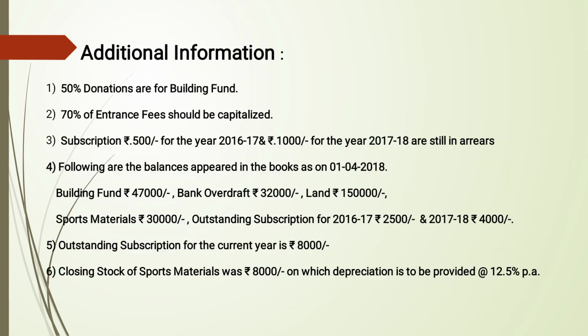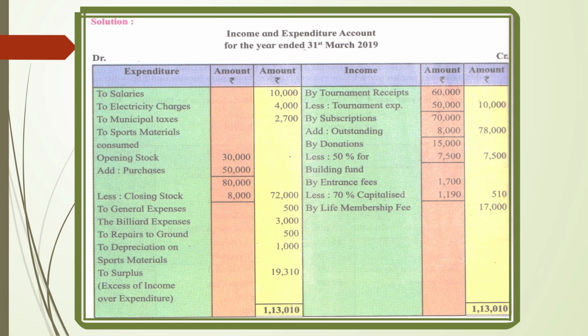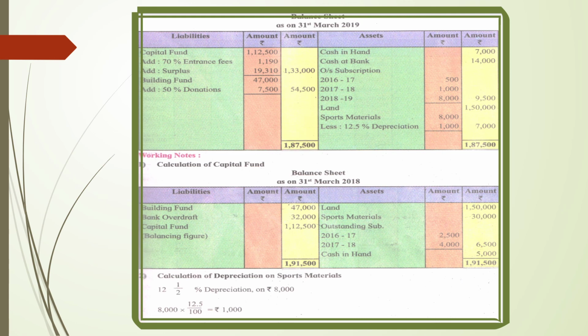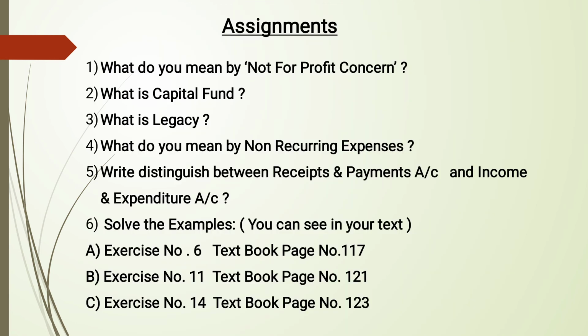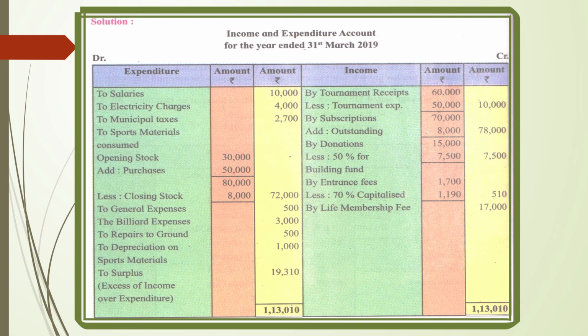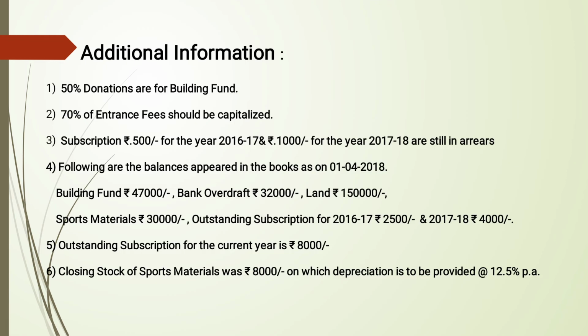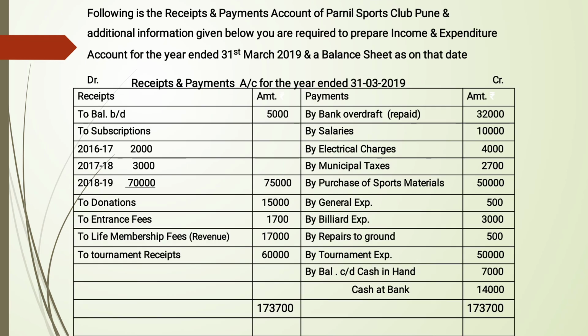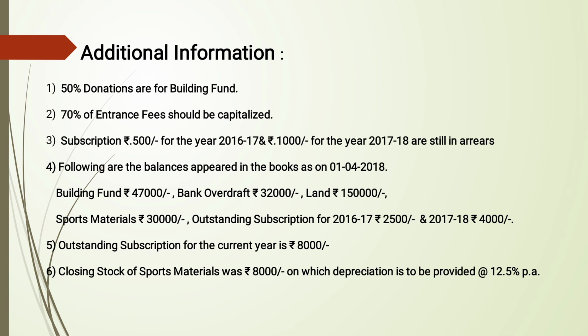Why is it not in the closing balance sheet? Because it is already paid. Land 1,50,000. Again in both balance sheets on the asset side, opening and closing. Sports material in the opening balance sheet 30,000, and the second effect was made in the adjustment or item of sports material on the expenditure side.